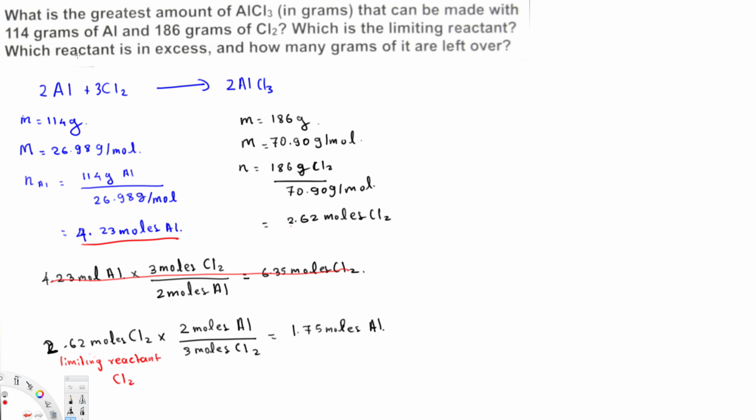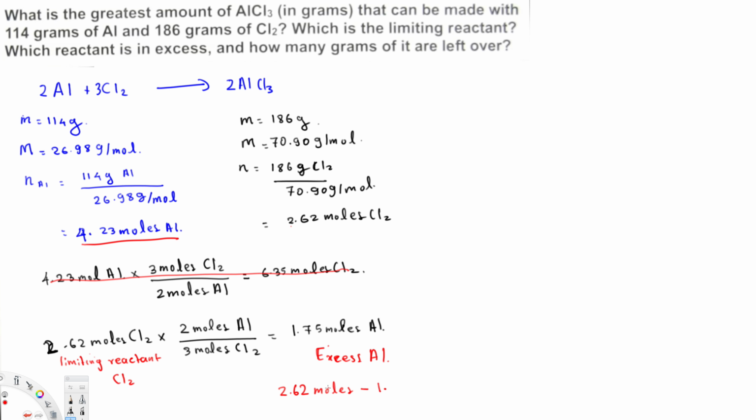Second is which reactant is in excess, and this aluminium is in excess. And then the third question is asking how many grams of it are left over. So if you see, we have 1.75 we need to finish the Cl2. So the excess is going to be the total amount we have, 2.62 moles total, and if you deduct the amount that we use, that's going to be the excess.